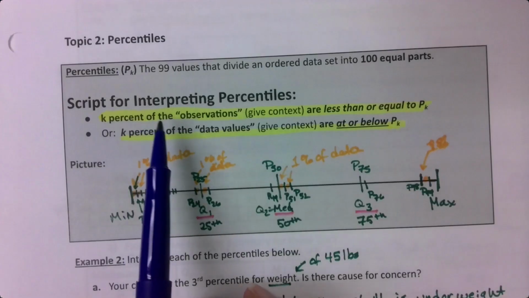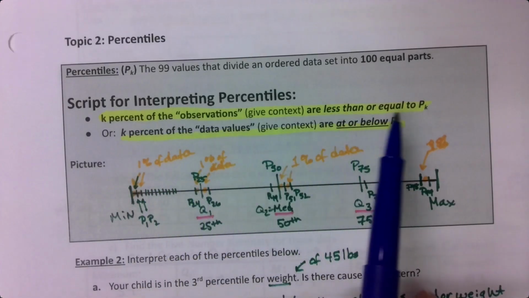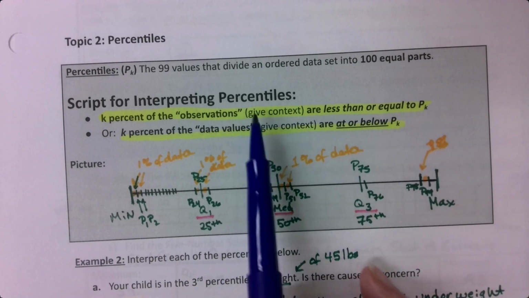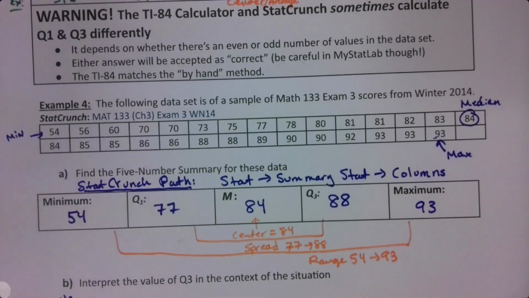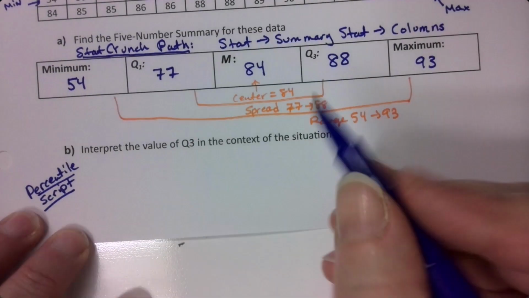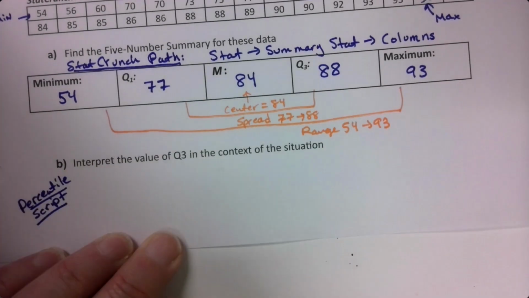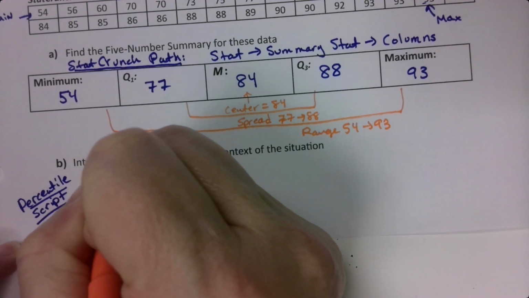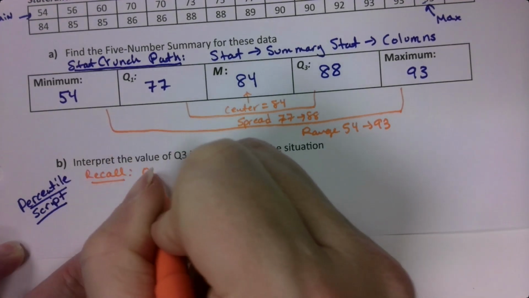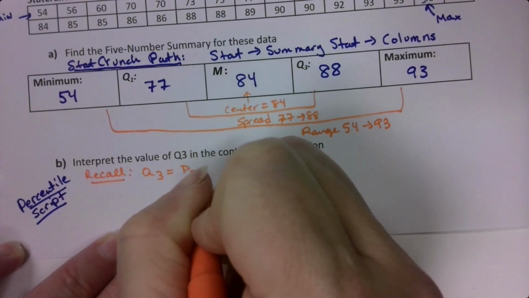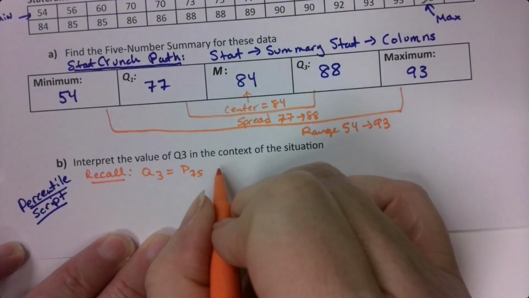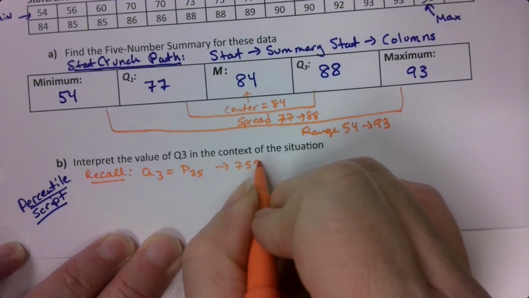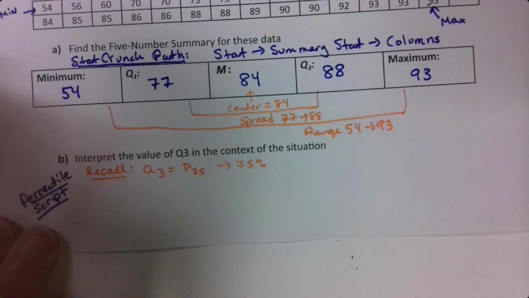We would say K% of the observations are less than or equal to that value, and then we give it context. So what's our percentage? Well, we have to remember that Q3 is P75. So the percentage is 75%. So that's where we're going to begin with the script.